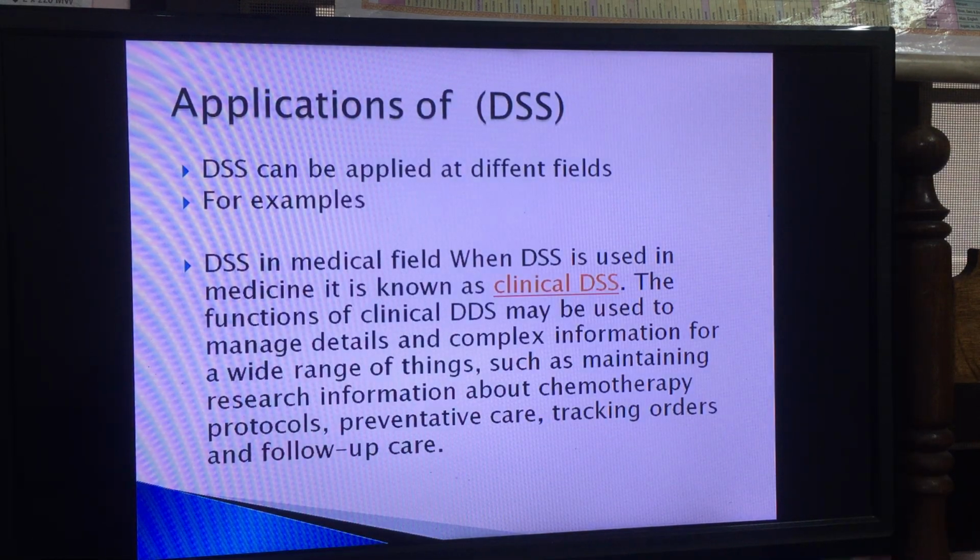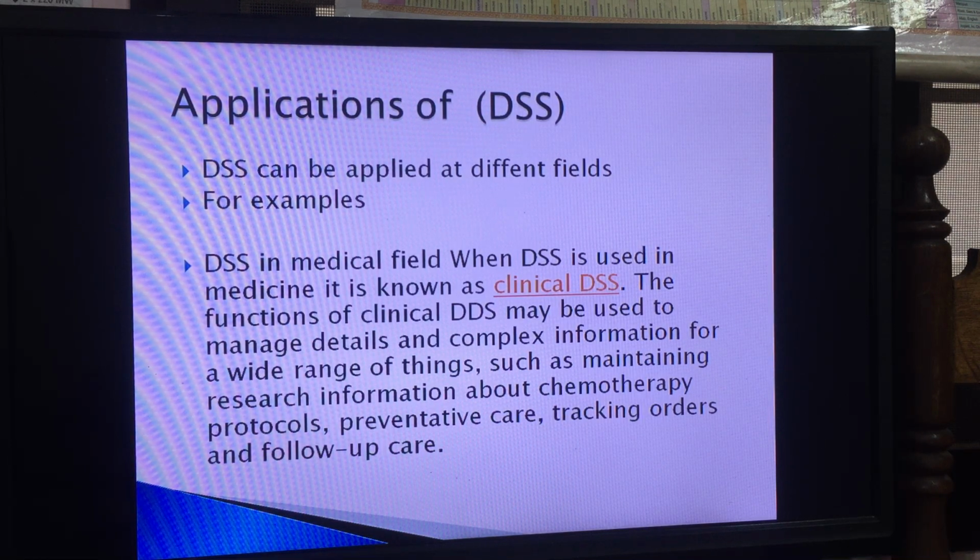Now coming to the applications of decision support system. Decision support system is applied not only in business but also in other fields like medicine, disaster management, real estate, universities, etc. In the medical field, it is called clinical decision support system, used in finding new vaccines for diseases, etc. Clinical decision support system is now used by pharmaceutical companies for finding vaccines.